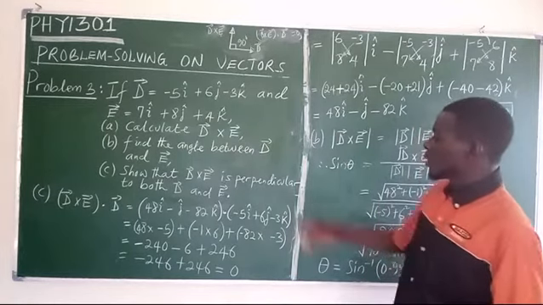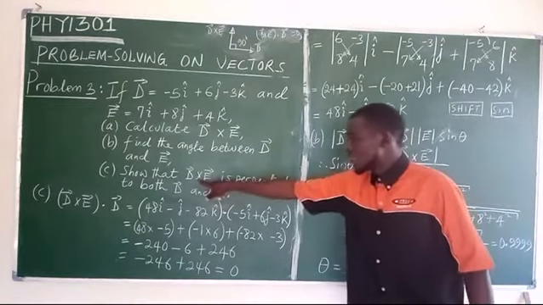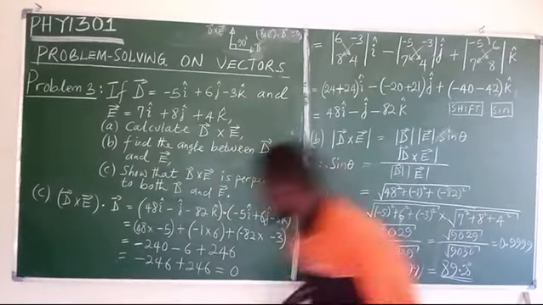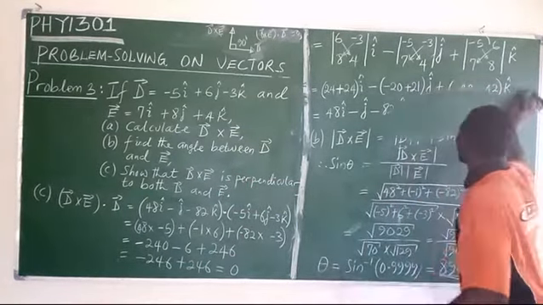Next, we want to also show that this vector is perpendicular to this one. So we'll take the dot product again.